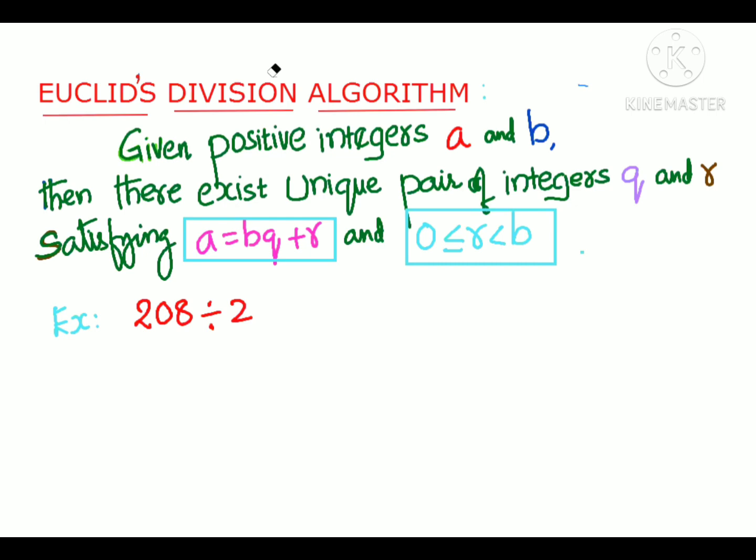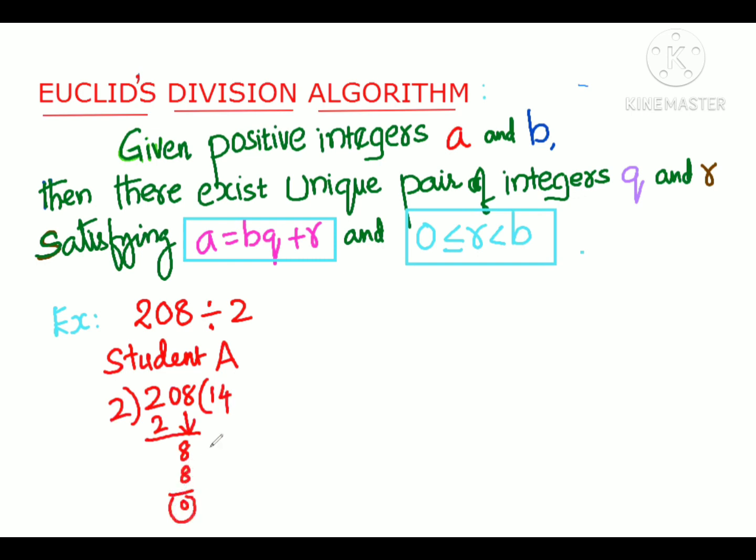So let us understand this concept by taking some examples, some division problems. A student is given this problem: 208 divided by 2. Student A did this problem like this: 208 divided by 2, 2 ones are 2, bring down 8, 2 fours are 8, and remainder 0.